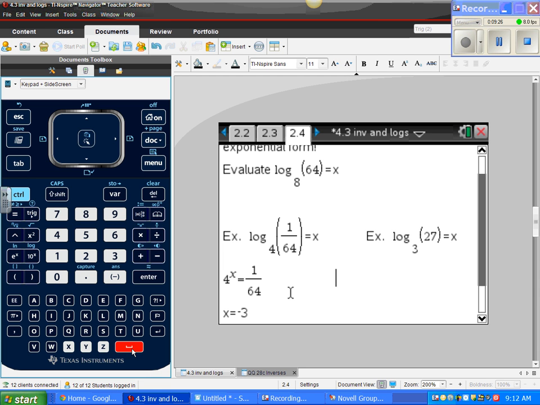Log base 3 of 27 equals x. Somebody put it in exponential for me. 3 to the x equals 27. And then x would equal 3. Great. Getting the hang of it? What's 3 cubed? 27.